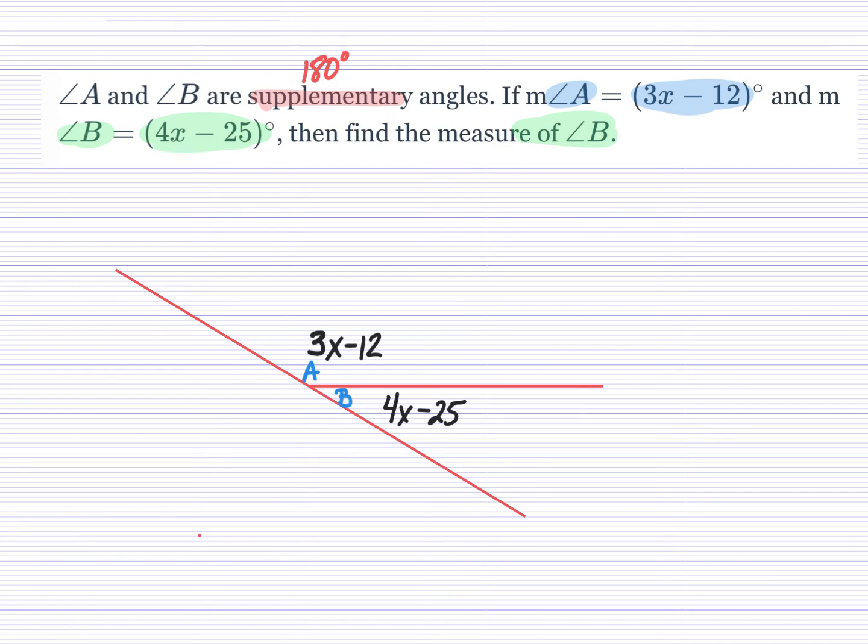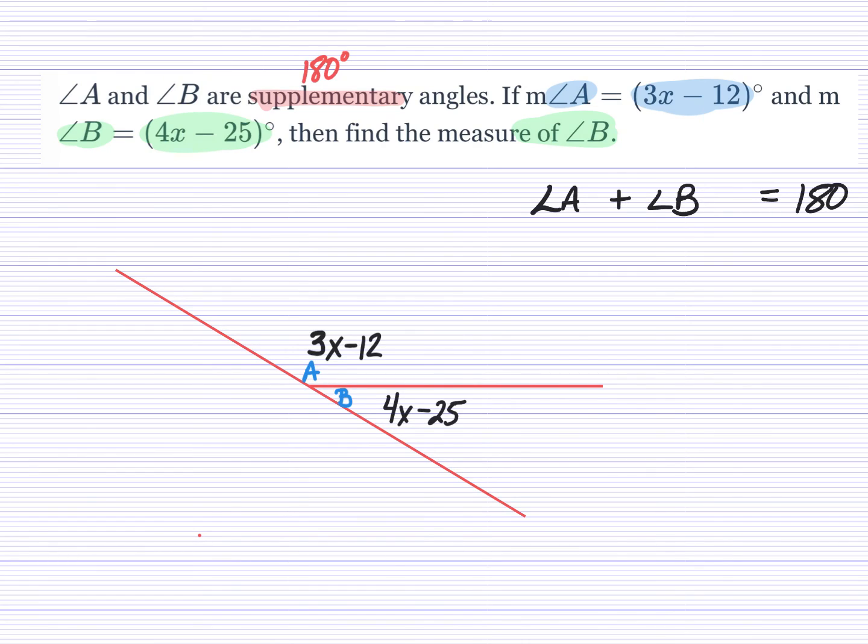So since these are supplementary angles, they're going to combine to equal 180 degrees. So I'm going to go ahead and put my equals 180 over here on the right. And I'm going to add my two angles together. That would be angle A plus angle B, and set that equal to 180.